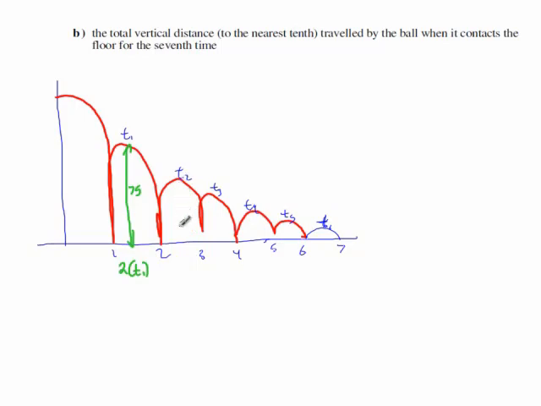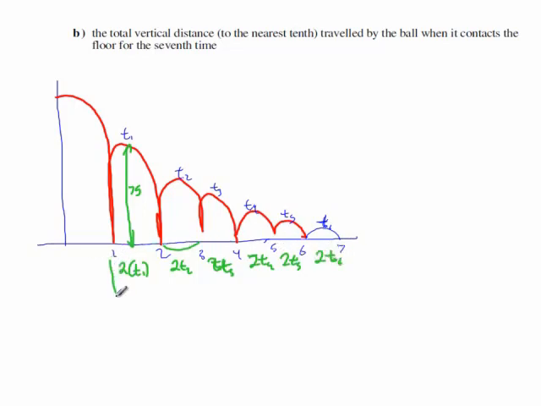Same for T2. Whatever T2 is, it has to go up to that value and then back down again. So this distance is 2 times the value of T2, 2 times T3, 2 times T4, 2 times T5, and 2 times T6.